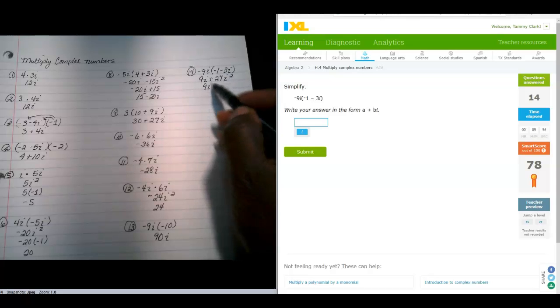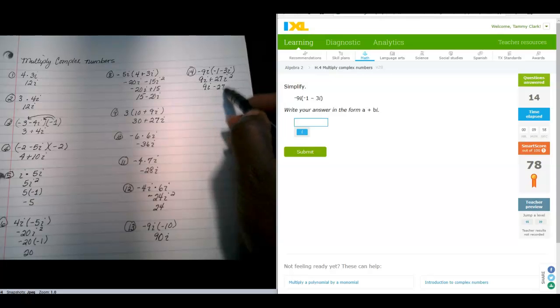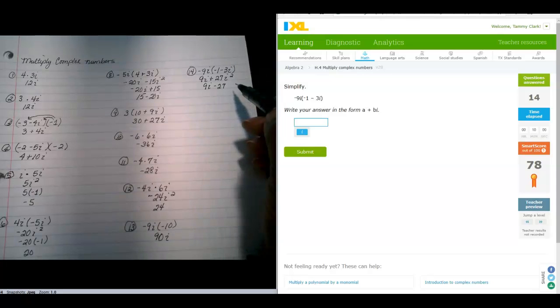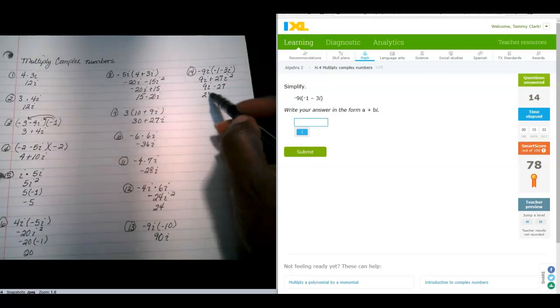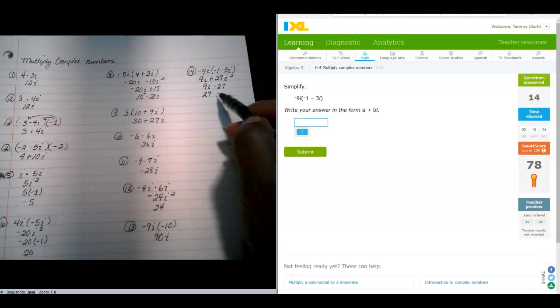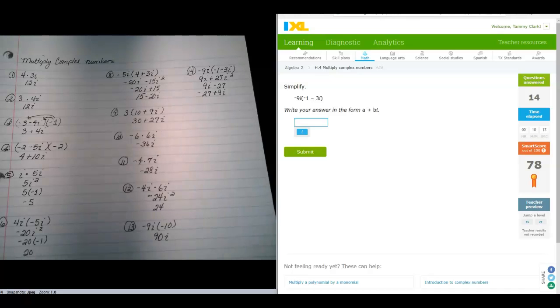So we've got 9i minus 27. Let's write this in the a plus bi form, which is the real number, the number without the i, and then the imaginary part. Now don't do what I did. Notice how I wrote 27 as a positive. It's actually a negative, so let's put that negative out there.